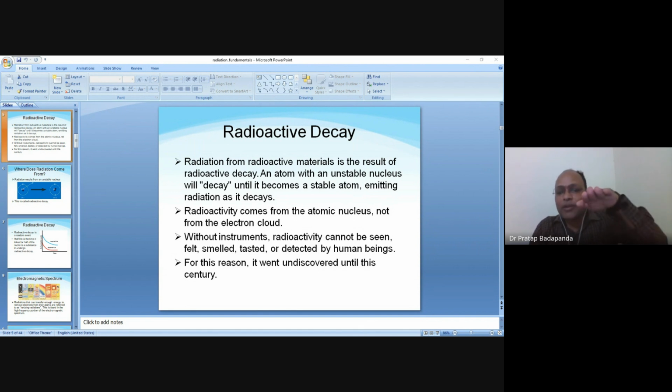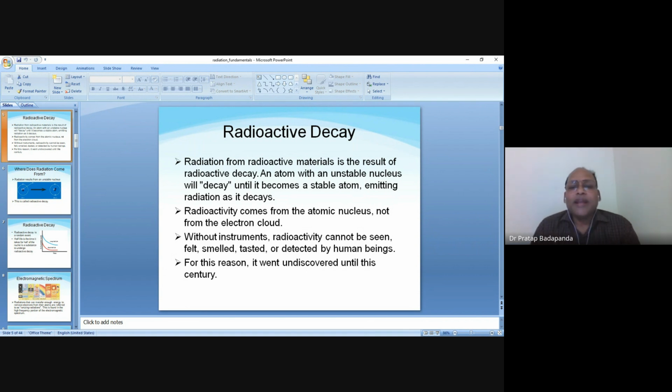Due to the high amount of energy, it emits energy. It will not absorb, it will emit energy to bring its energy level down into a stable condition where there is no emission of energy. That amount of energy is known as radioactive decay.